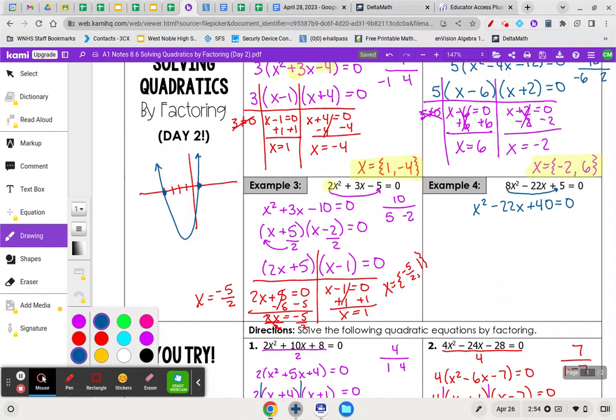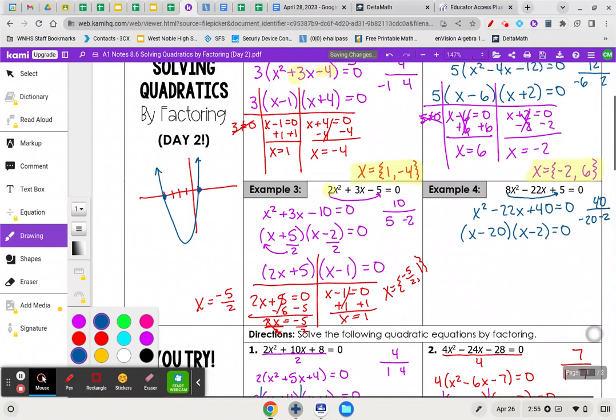And then I go ahead and I find factors of 40 that will combine to negative 22, to be exact. If I have 20 and 2 and I make them both negatives, these will get me, when multiplied, to positive 40, and when combined, to negative 22. So these are my two factors, x minus 20 and x minus 2.